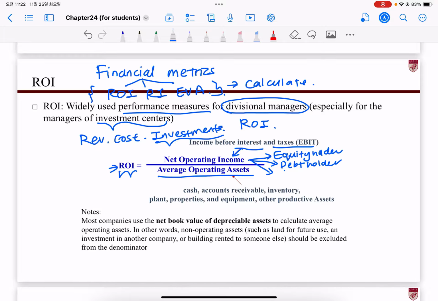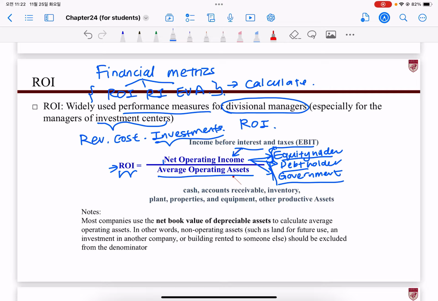It's also provided to the government because you pay taxes to the government, right? So net operating income is essentially focusing on these 3 types of stakeholders: equity holder, debt holder, and government.